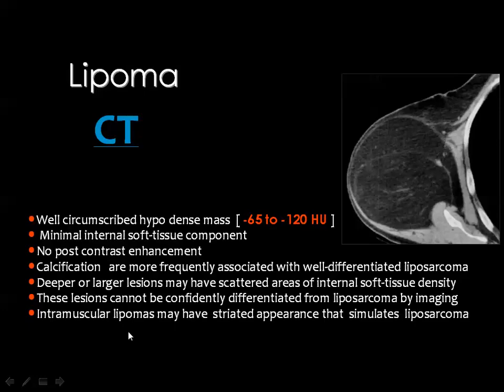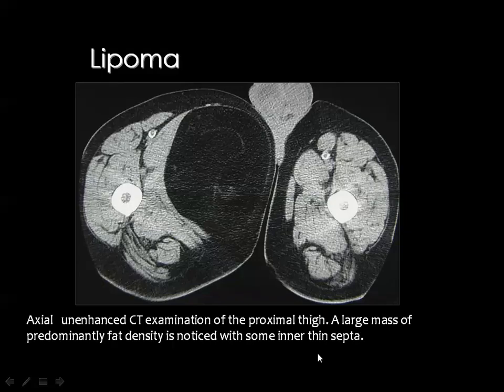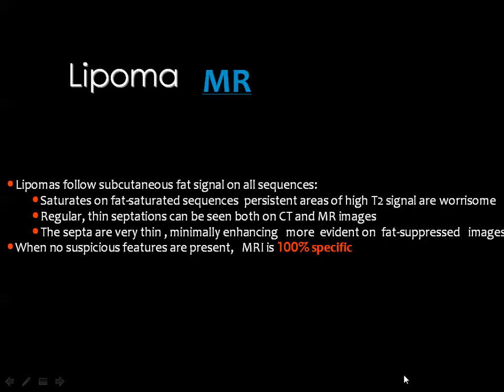Intramuscular lipomas may have a striated appearance and may simulate liposarcoma. You remember the elastofibroma dorsi? It has a striated appearance, but its location and characteristic appearance help in the diagnosis. This is a big lipoma in the thigh with some fine linear streaks inside, and this is acceptable in a simple lipoma, but being in the thigh, you should assess for liposarcoma.